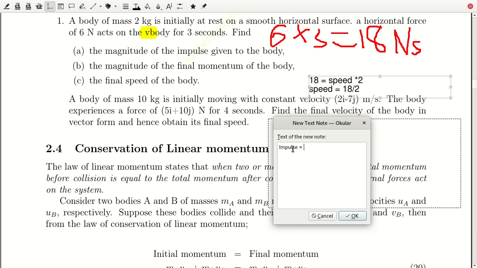The impulse will be given by force times time. Our force is 5i plus 10j, so we shall multiply this by the time, which is 4 seconds.